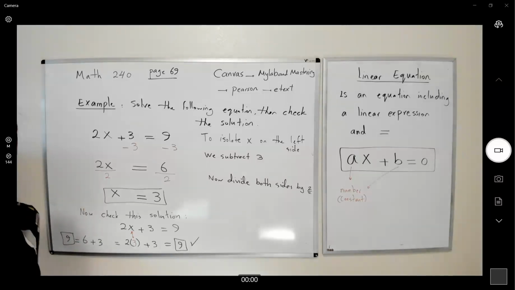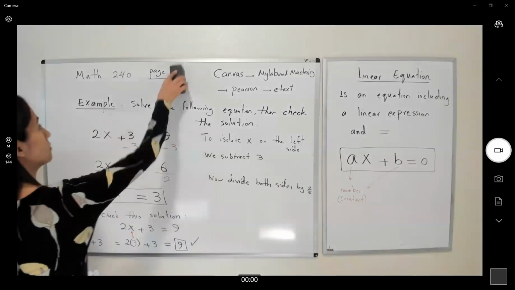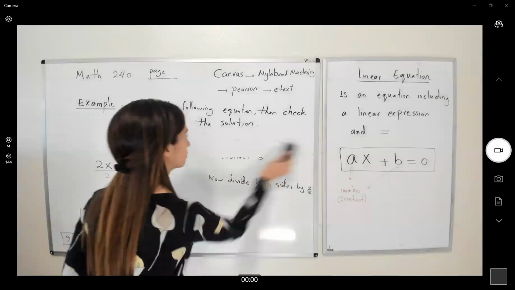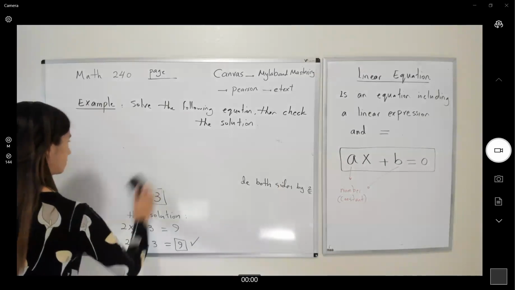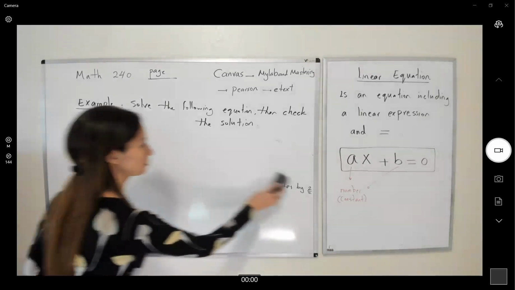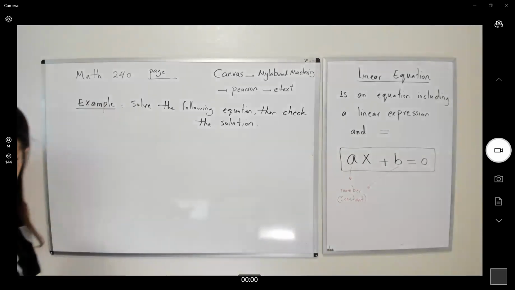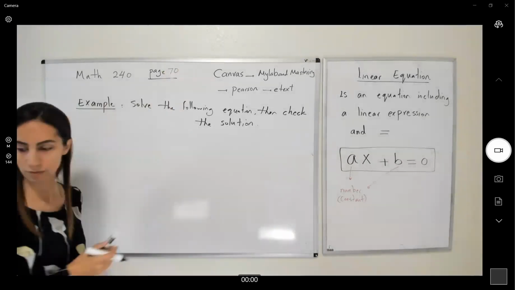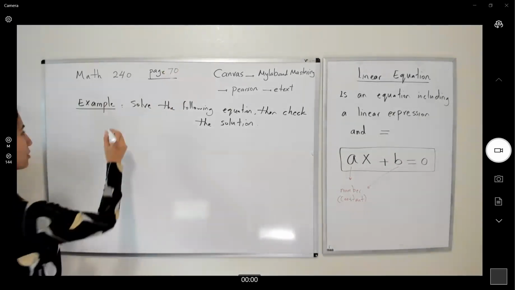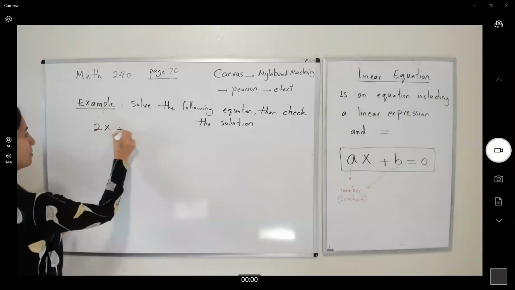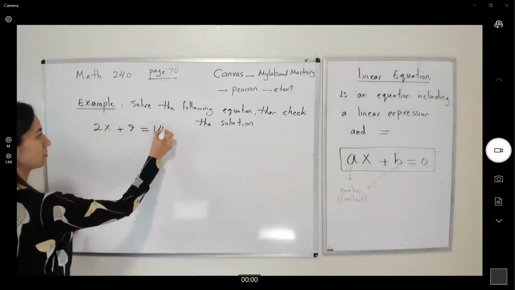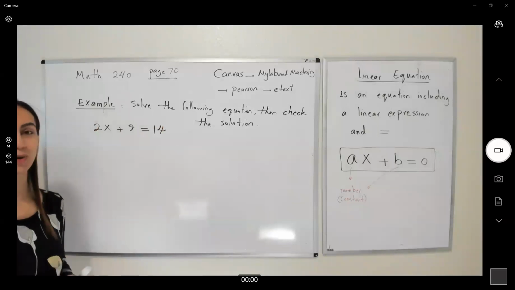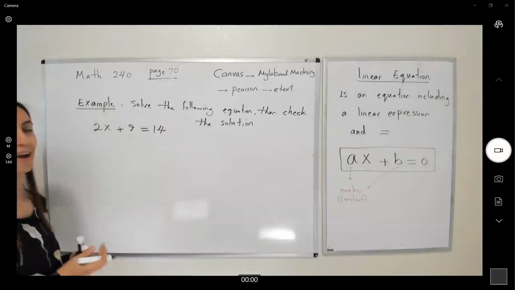Well, let us go over another example. We're moving on to page 70. Here you have 2x plus 9 equals 14. Well, our goal is to isolate x on one side.